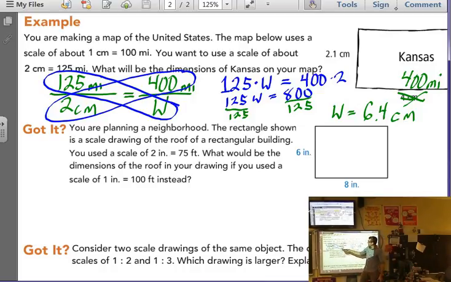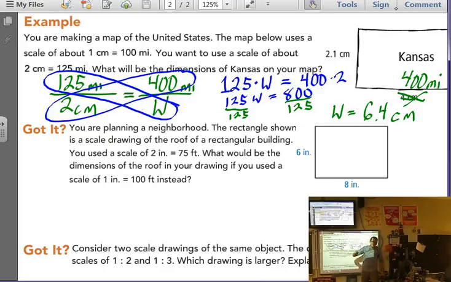So if I set up my fraction of the scale factor, because this is just a ratio, really. They're saying on the map, 2 centimeters will equal 125. Even though that says it's equal, it's really a ratio. So whether I set this up miles on top, centimeters on bottom, or the other way around doesn't matter.